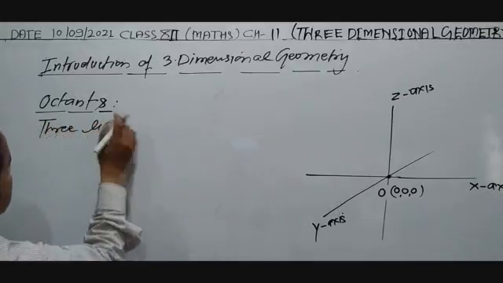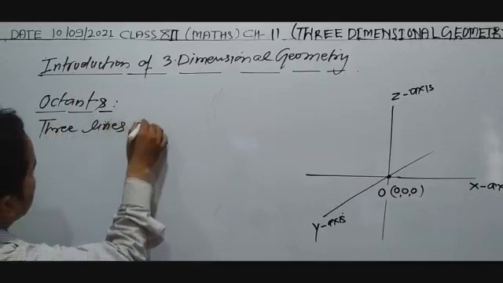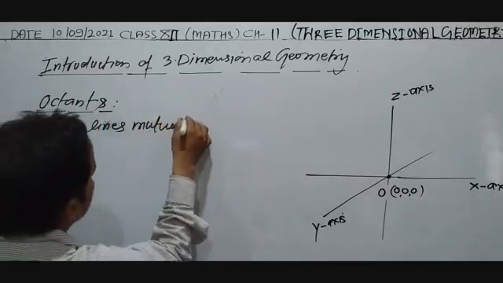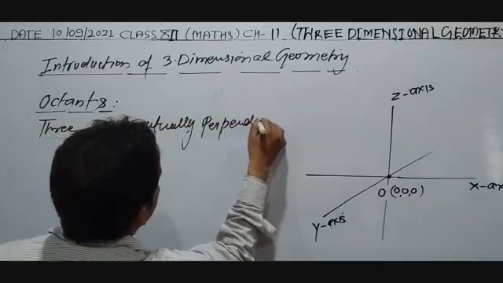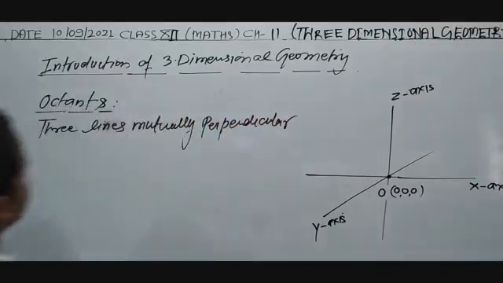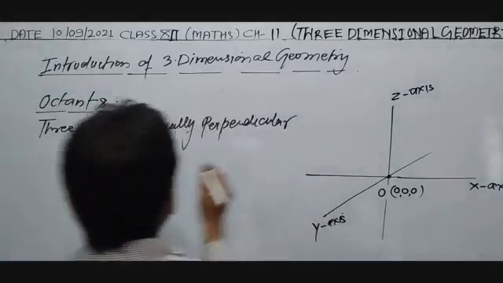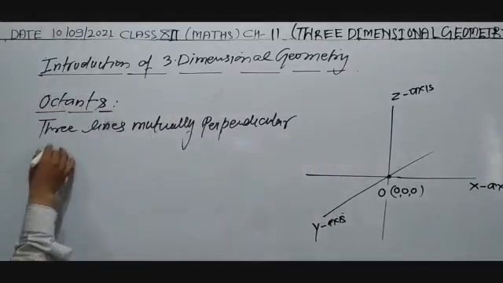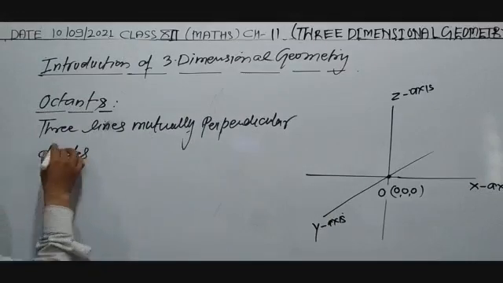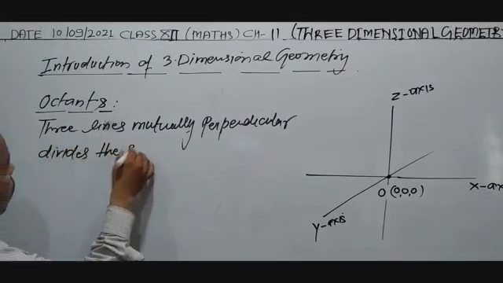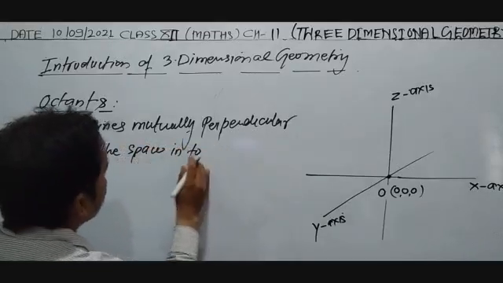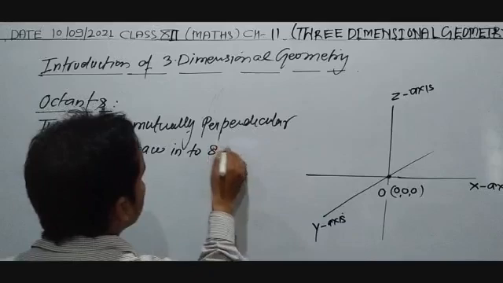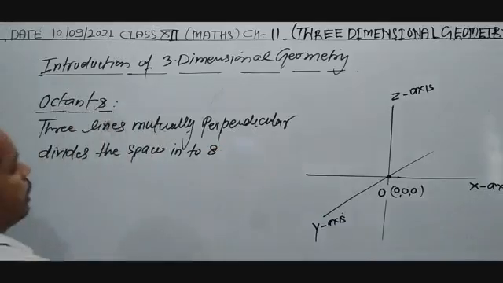Three lines mutually perpendicular divide the space into 8 parts.